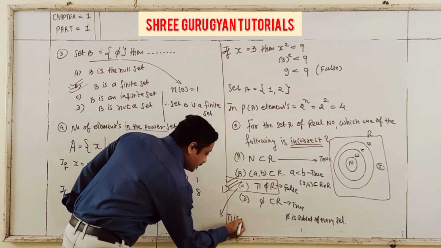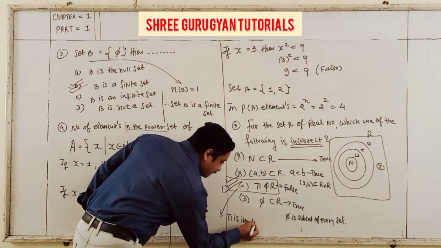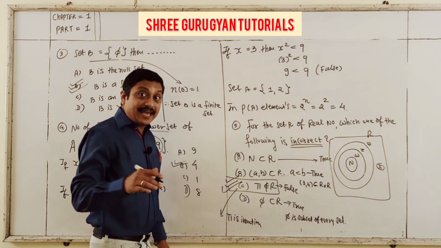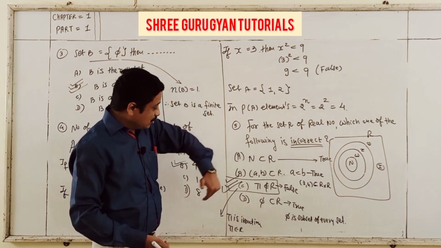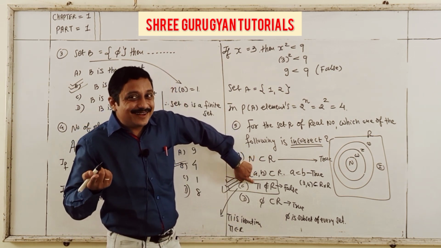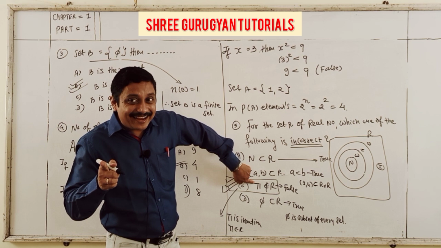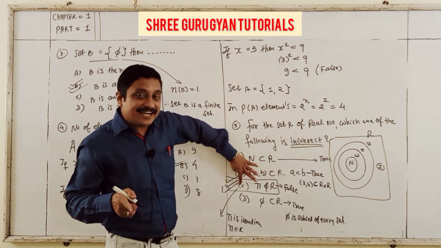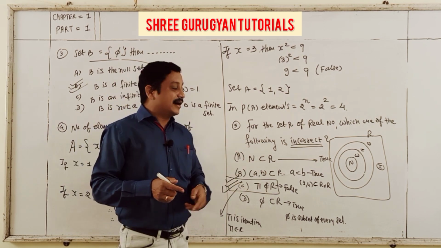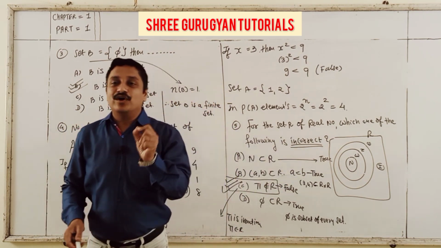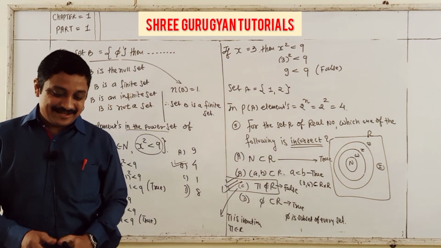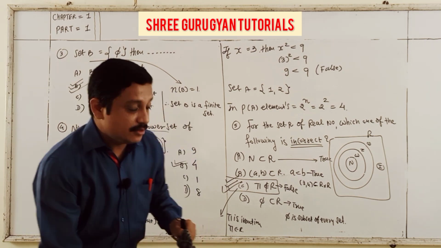Pi is irrational, therefore it is an element of R. Pi belongs to R, but in the textbook the question prints not belongs to R. That's why my false statement is C and you tick mark C. But properly mention all these points one by one. Okay, students?